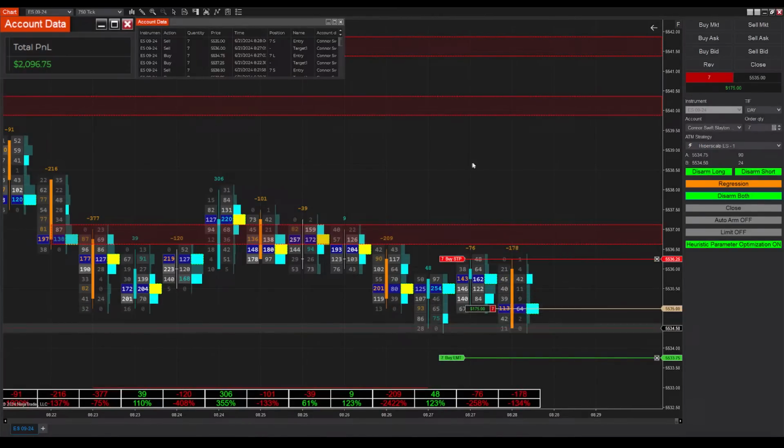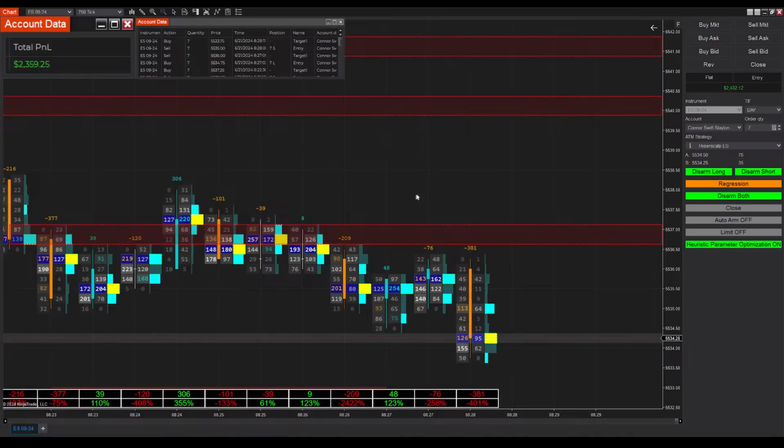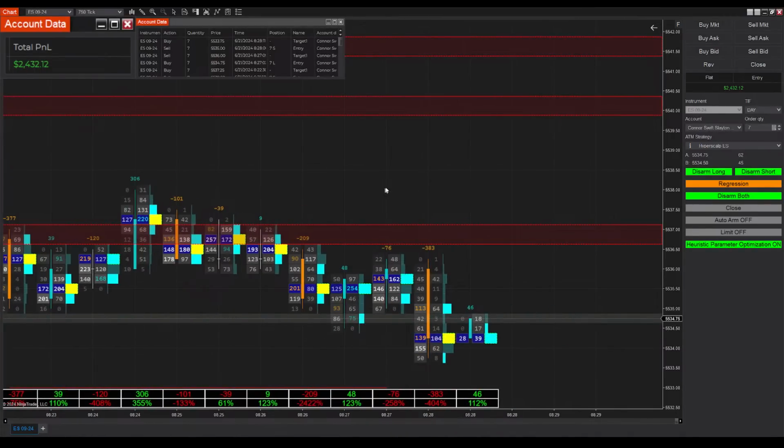Just got filled into a short position here, and we end up winning that one quite quickly as well, up to $2,400 on the day.